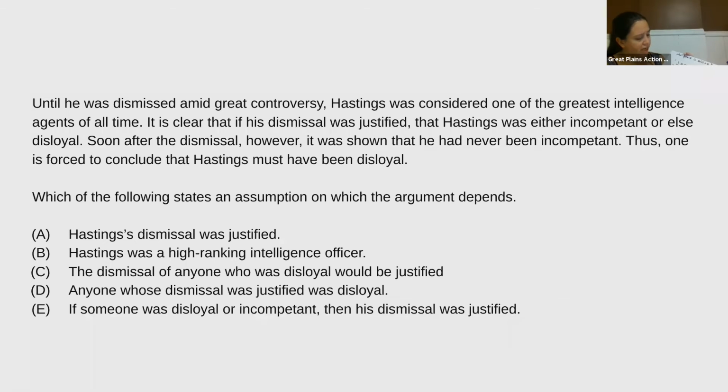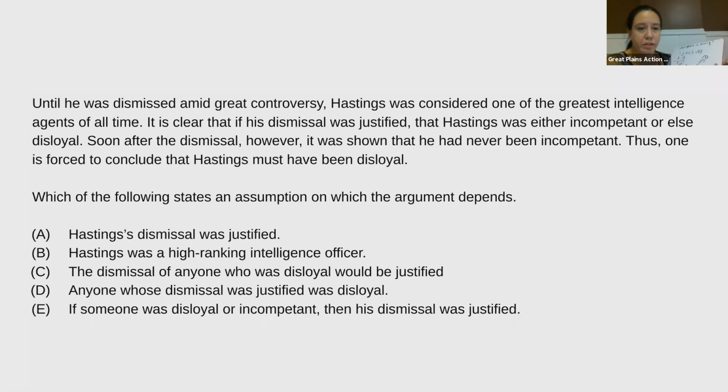We need J, which will give us I or D, which will give us D. So let's look to the premises and see if we find one that says J. Which of the following states an assumption on which the argument depends? A, Hastings' dismissal is justified. Yep, that's it.